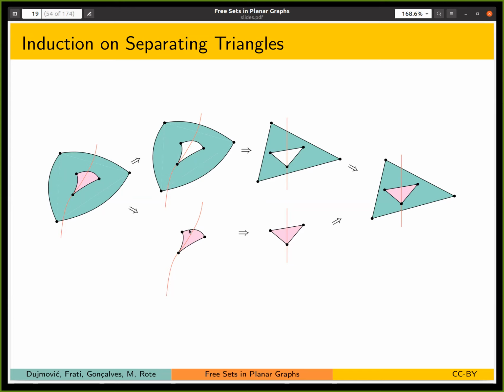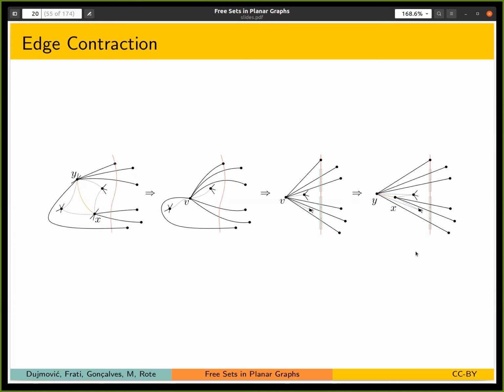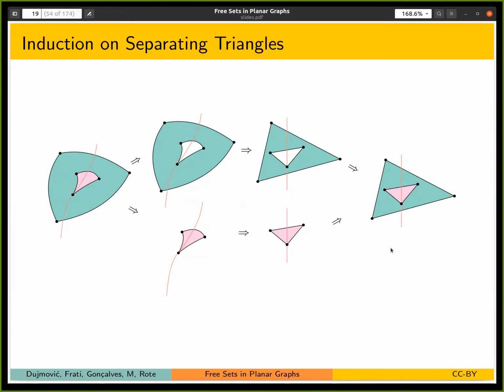And then I take the inside of that separating triangle, inductively get a drawing that I want, which has a prescribed outer face. That was one of the conditions of this inductive theorem. And then I stick it back together. So that's separating triangles. They're, as usual, easy.